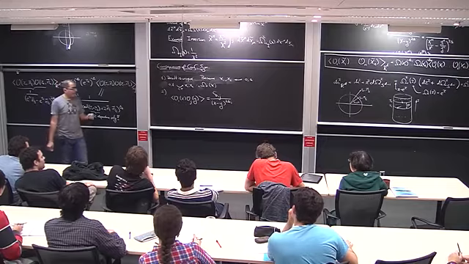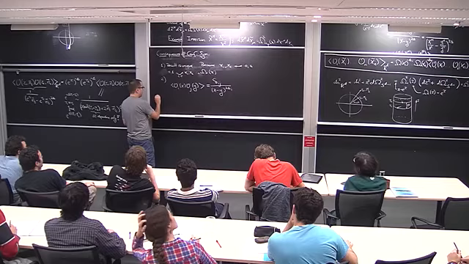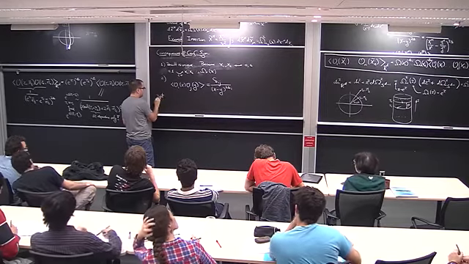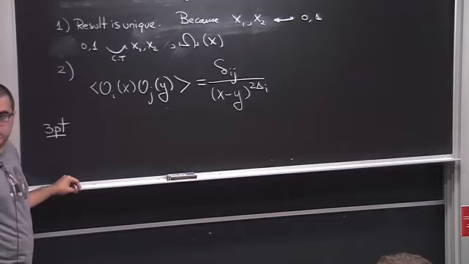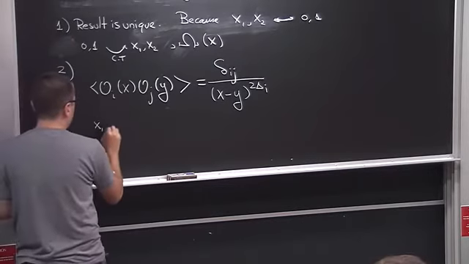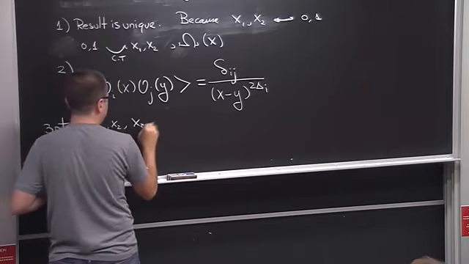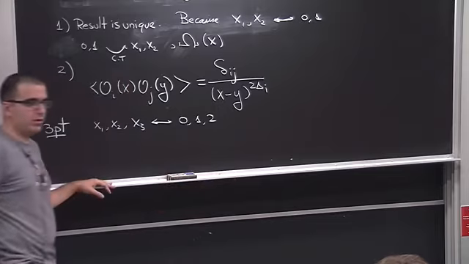Right? And this is particularly interesting because now we can right away go to 3-point functions. And for 3-point functions, the result is also unique. Because 3 points, x1, x2, x3, are always equivalent to 3 fixed points, say 0, 1, 2, or 0, 1, infinity.